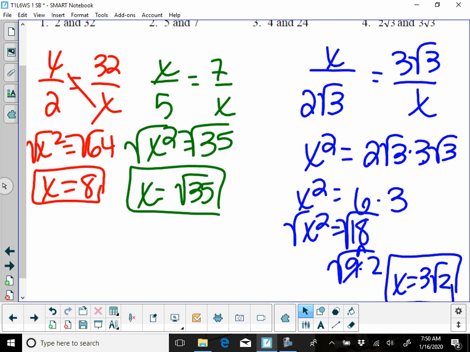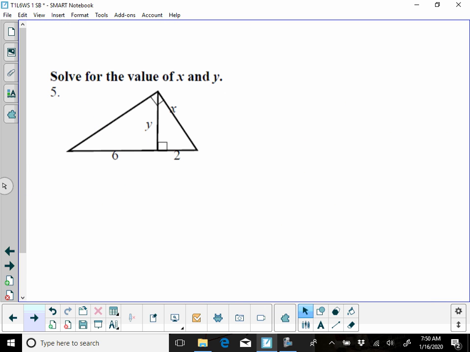All right, moving on to the next part. You're trying to find the value of x and y here. So this is going to be the second part of your notes today, which was based on the triangle's height. Okay, so just like the mean song, we're going to go with height up, height down. So the height here is going to be y.